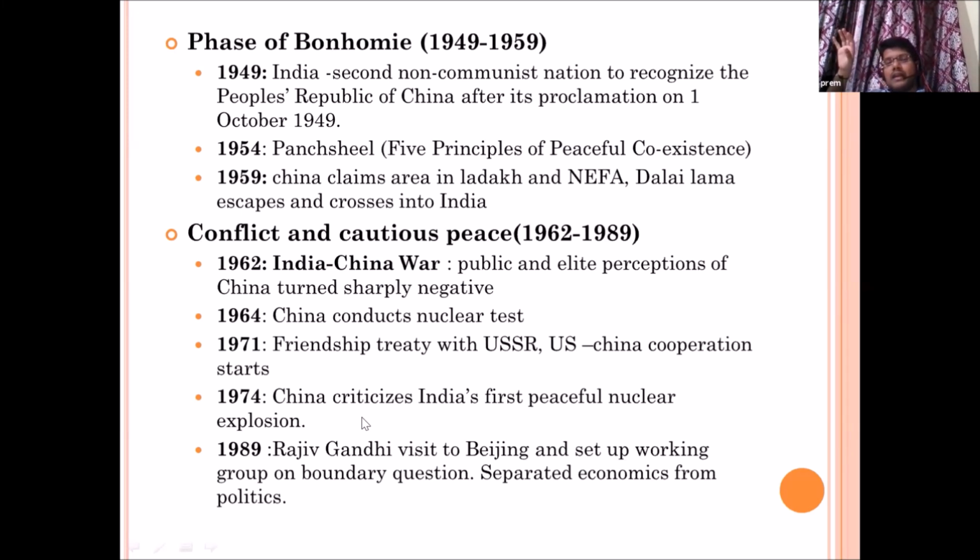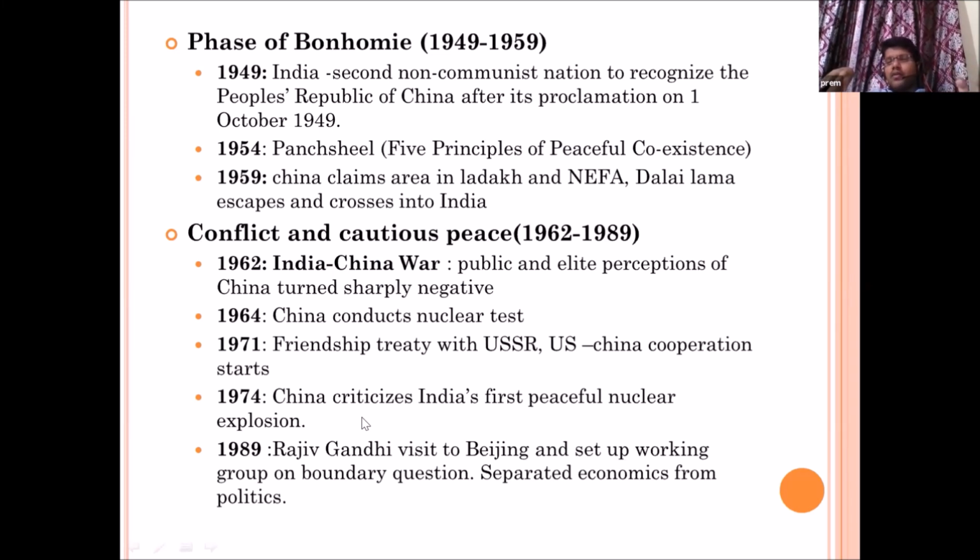As I was telling you earlier, the relations deteriorated for main reasons. One is Tibet's annexation or occupation by China. Second, India giving asylum to the Dalai Lama. Third, China started claiming boundaries or disputed areas.